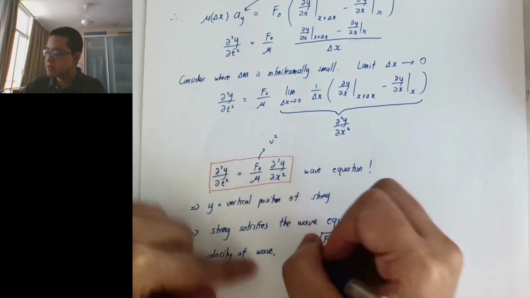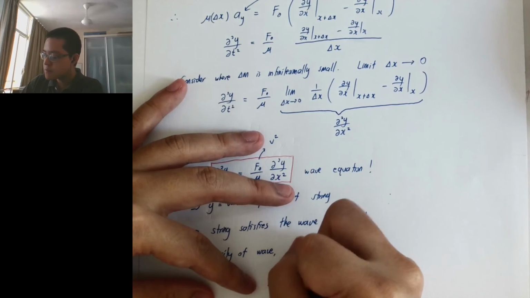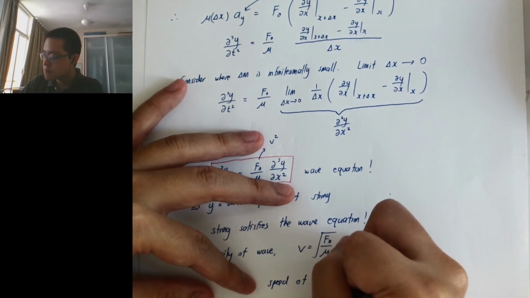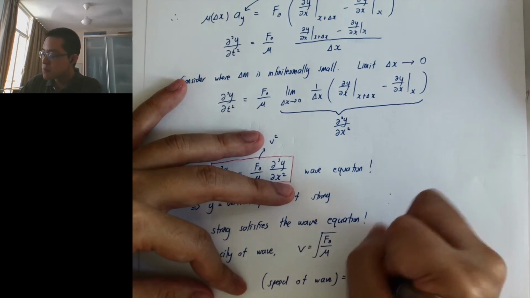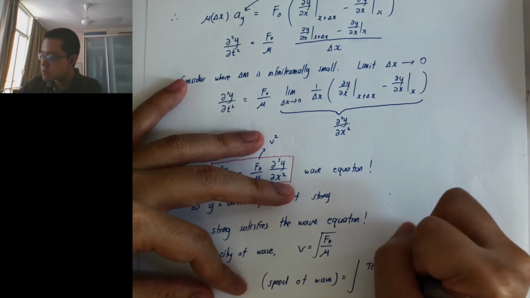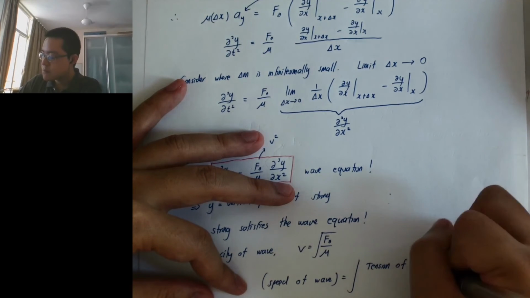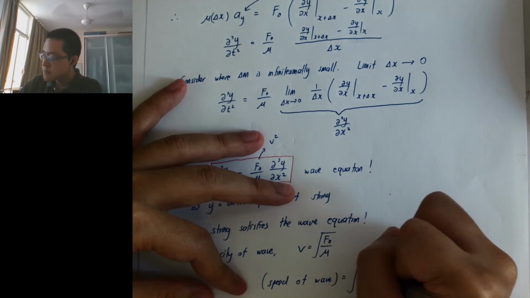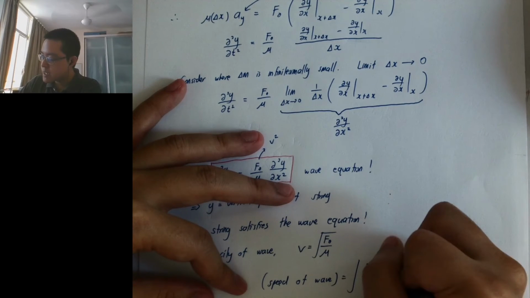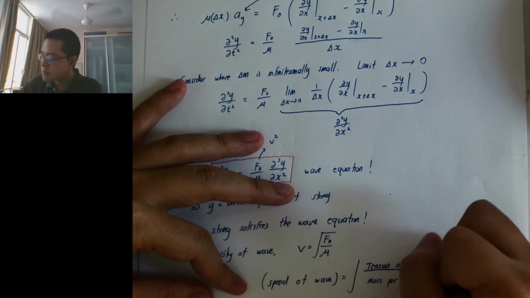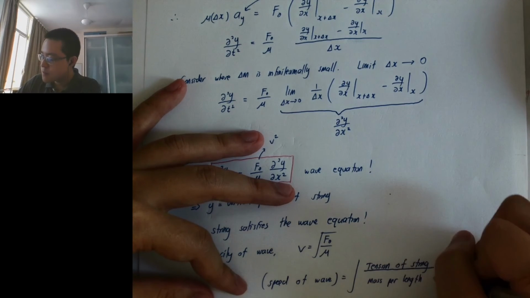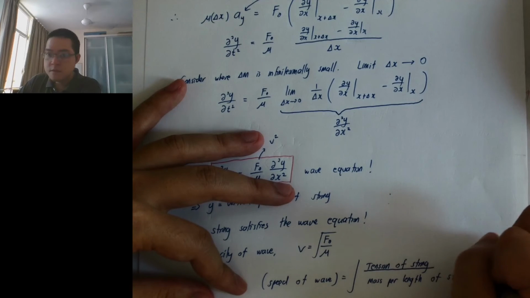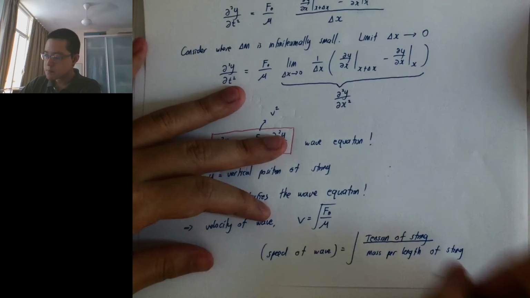Okay, so the speed of the wave is equal to the tension on the string divided by the mass per length of the string. Can you see?